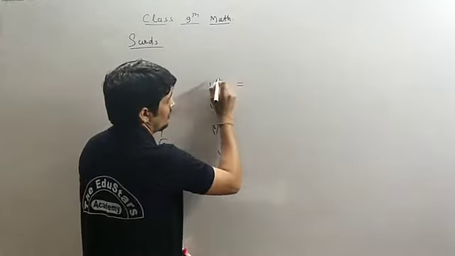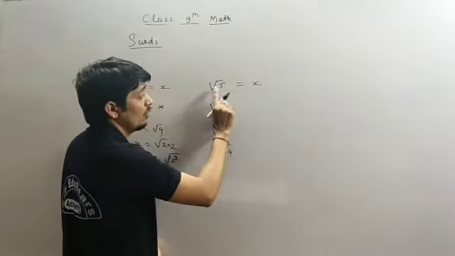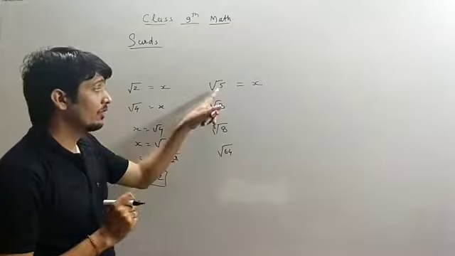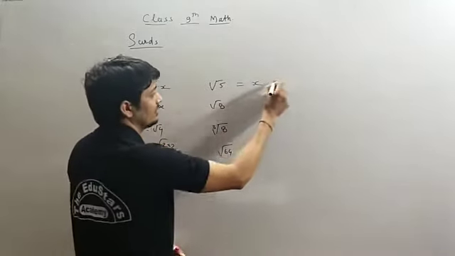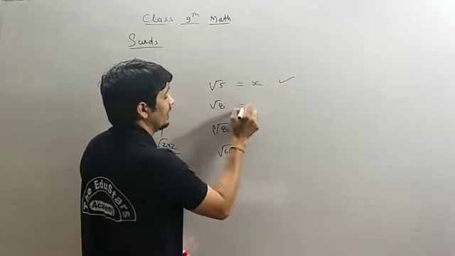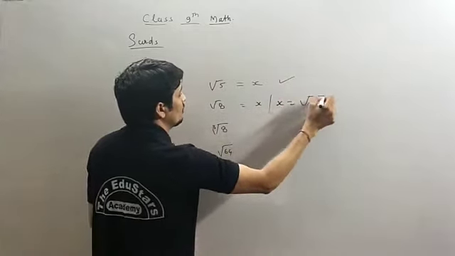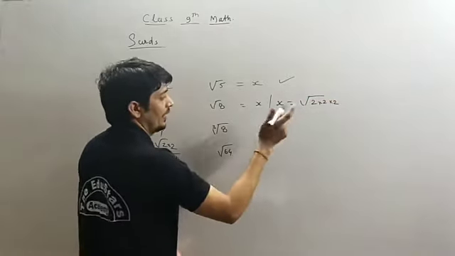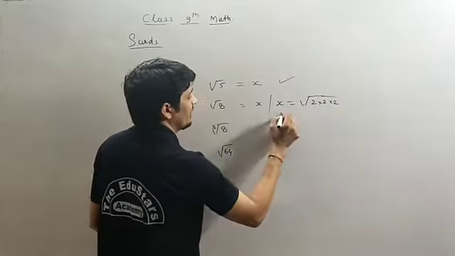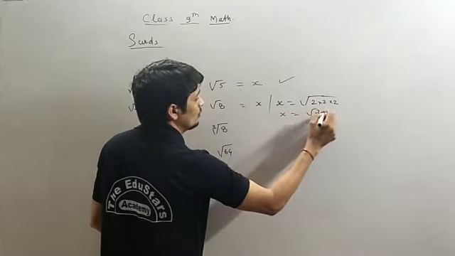Yes, root 5 equals x. So the value of x will be root 5 because 5 is not going to divide further. That's why it is a surd. Now root 8. So x equals root of 2 into 2 into 2. We can write x equals root of 2 square into 2.